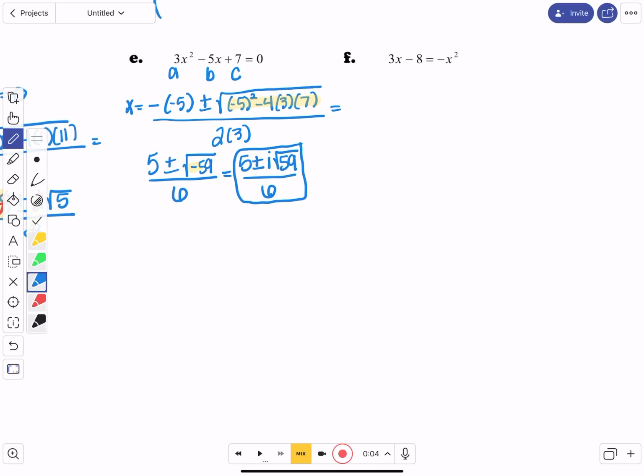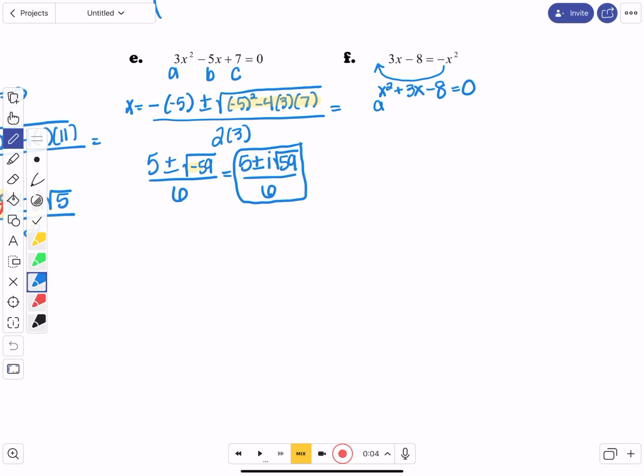Okay, then on F, we have to get it in standard form. Since this x squared is negative, I'm going to move it out to the front so it will become positive. So I've got x squared plus 3x minus 8, and that's going to equal 0.